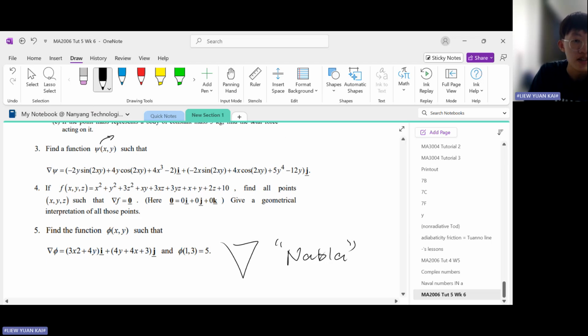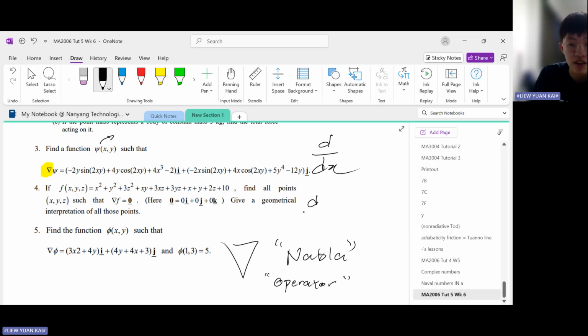Okay, so how do we do that? First, this is the first time we encountered the Nabla operator. So this thing is an operator. An operator is an item that does something to a function. For example, an operator that we are all familiar with is the derivative operator.